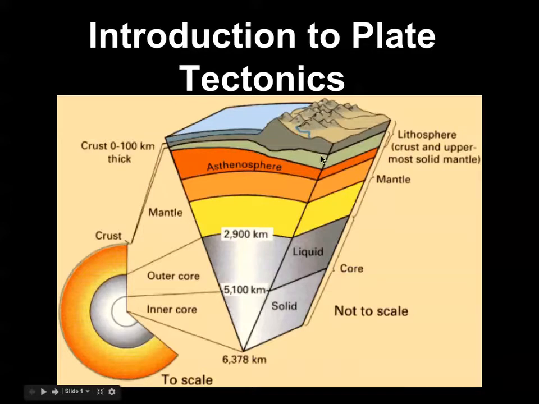This green part right here is the mantle that's solidified. The asthenosphere is liquidy. And of course the crust, the upper part of the lithosphere, is the most solid. It's the part that's exposed up on the very surface of the Earth.